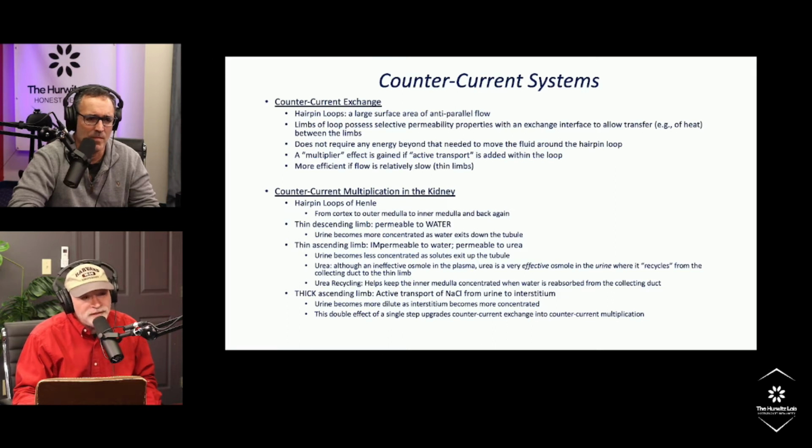Now, it could be that the thick ascending limb is thick because it has to be thick to fit the mitochondria. I always thought it's thick because the outer medulla and inner medulla look different, and the look is different because the mitochondria density is higher in the outer medulla where you're going to see the thick ascending limb.